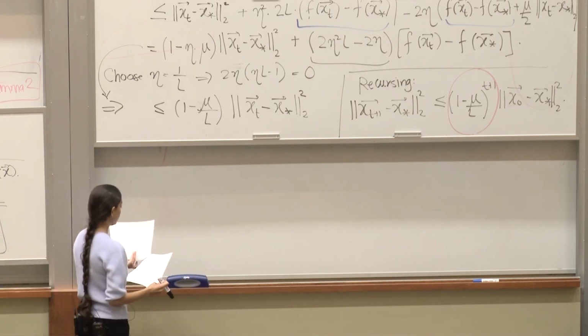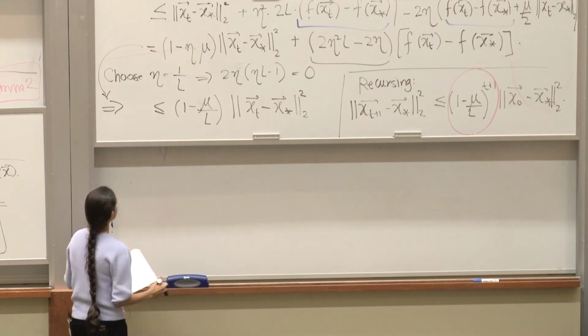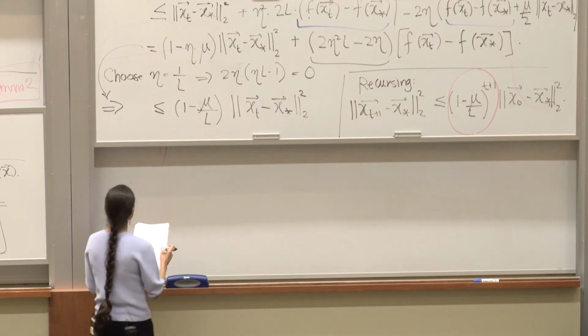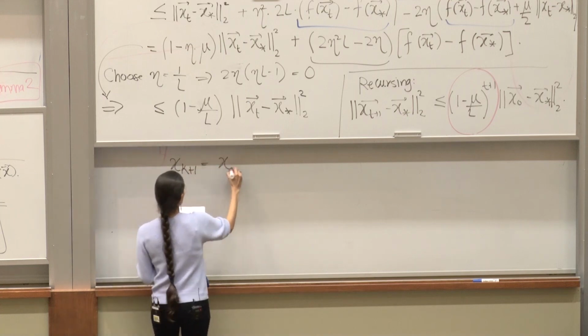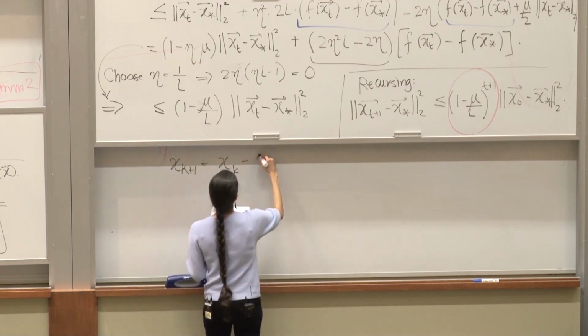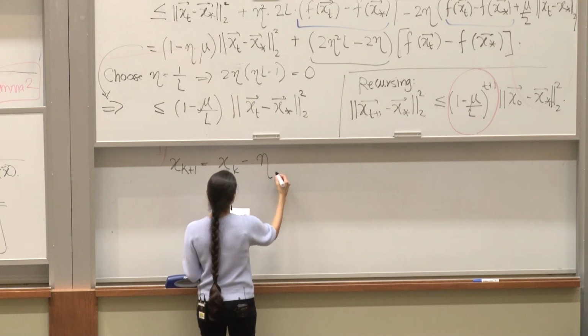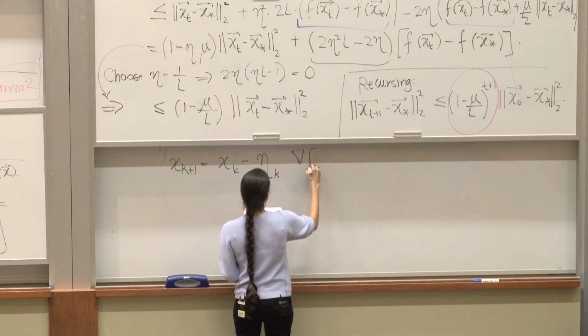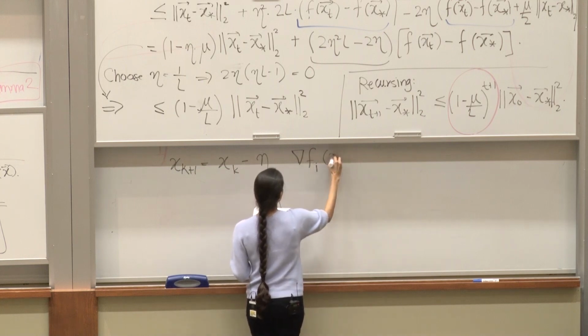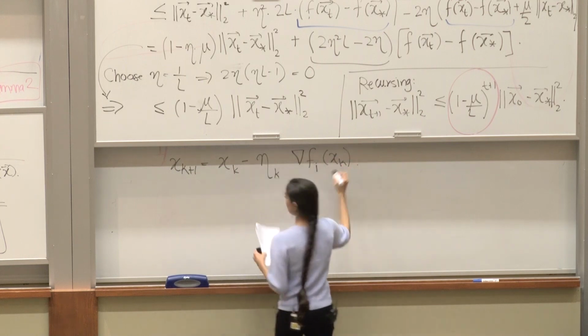Instead, what I could do is say, let me have access to a much weaker notion of the gradient. Let's say this is eta_k times the gradient of f_i at x_k.